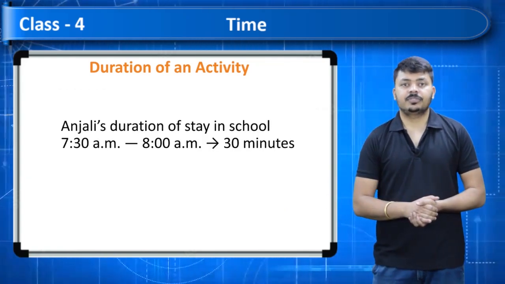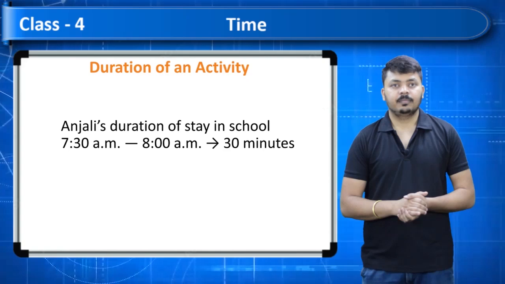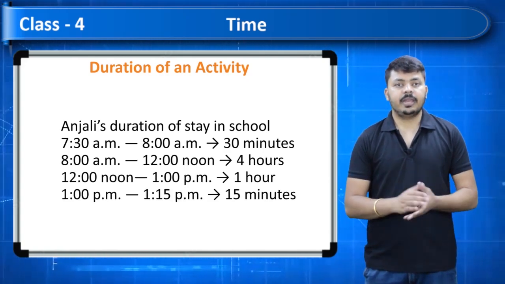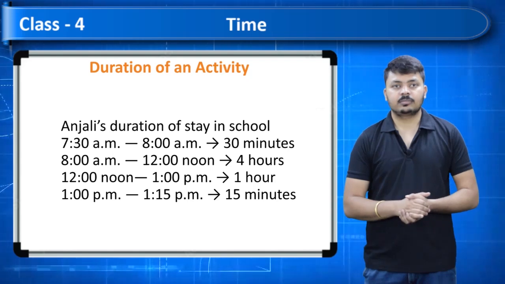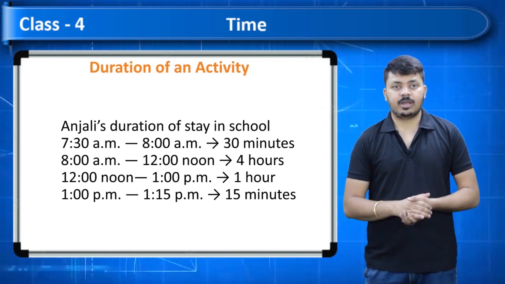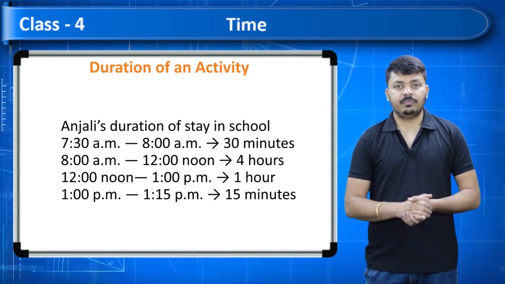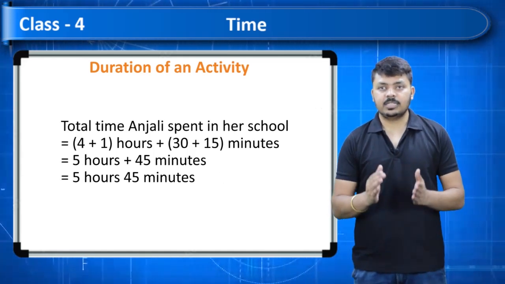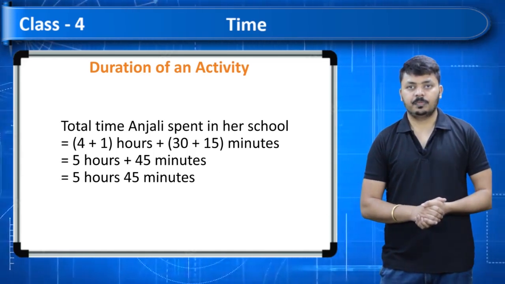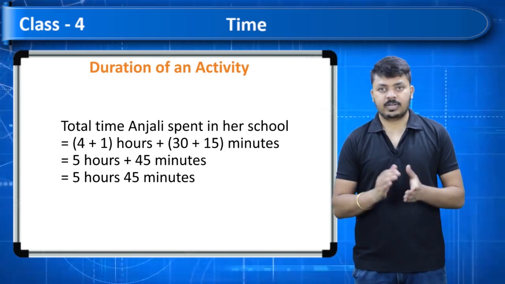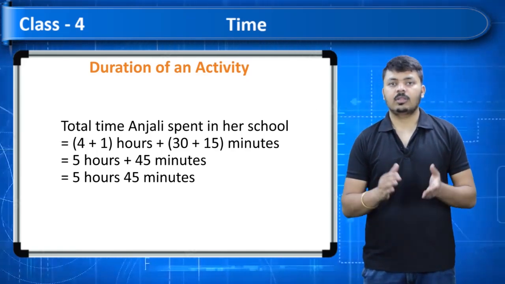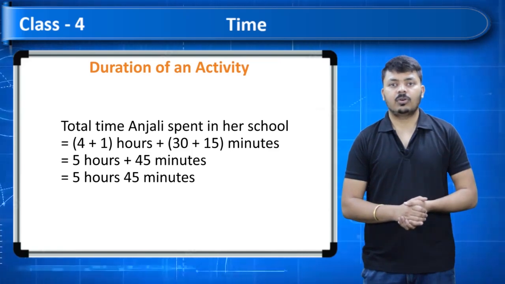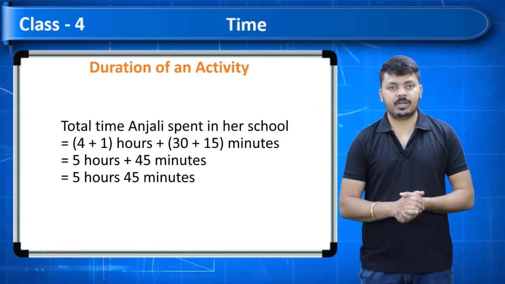Anjali's duration of stay in school is 7:30 am to 8 am, 30 minutes. 8 am to 12 noon, 4 hours. 12 noon to 1 pm, 1 hour. 1 pm to 1:15 pm, 15 minutes. Total time Anjali spent in her school is equal to 4 plus 1 hours plus 30 plus 15 minutes, that is equal to 5 hours plus 45 minutes, or we can say 5 hours 45 minutes.